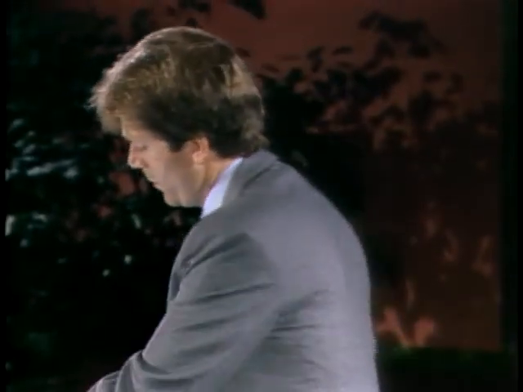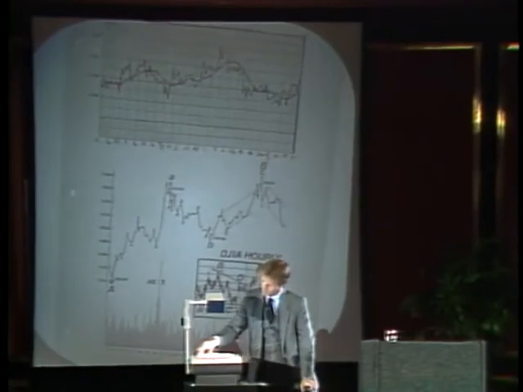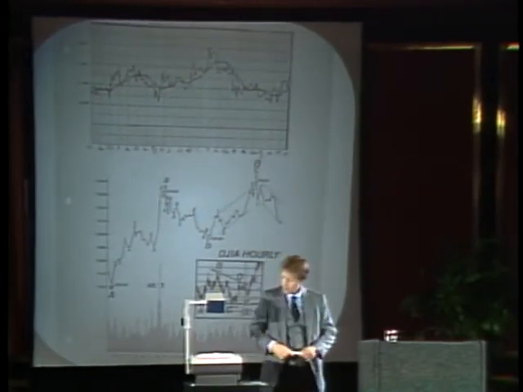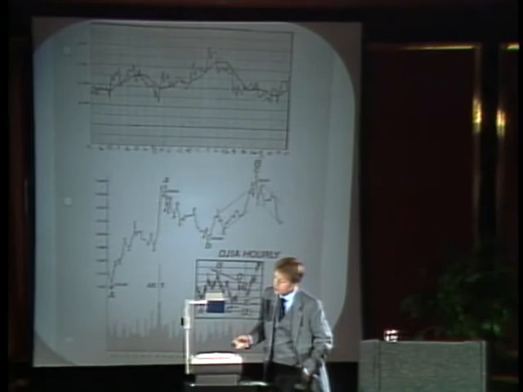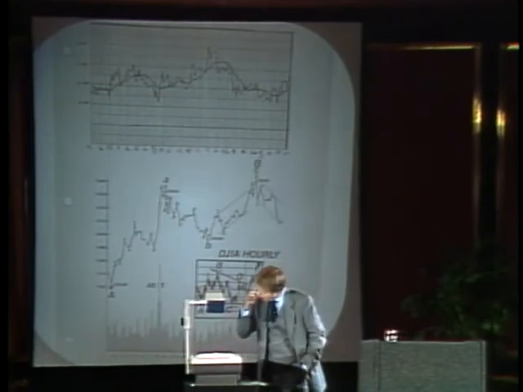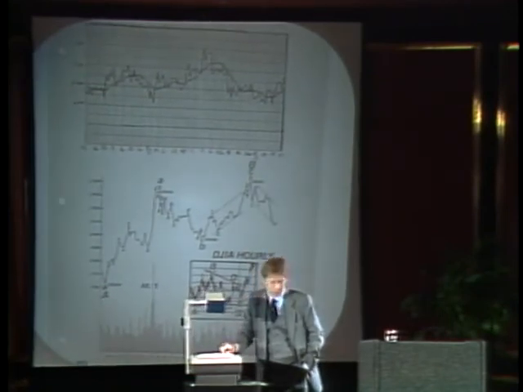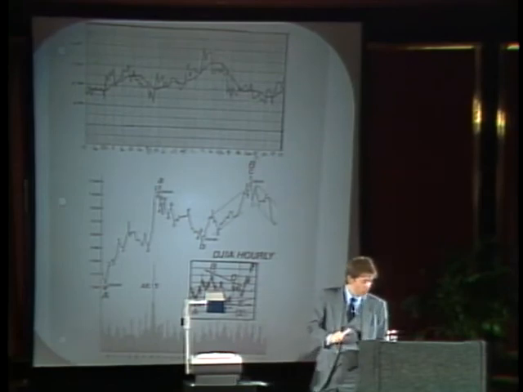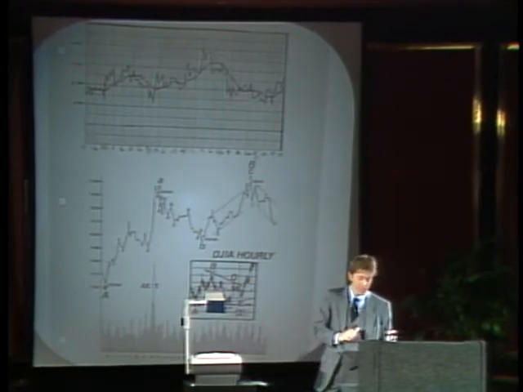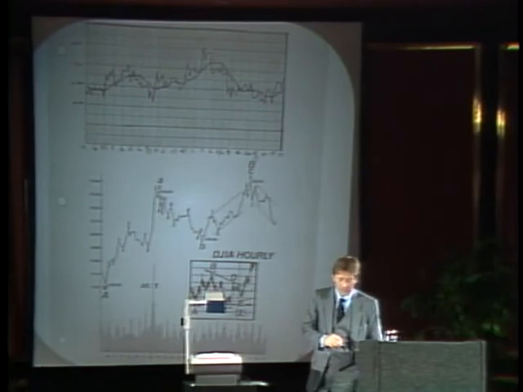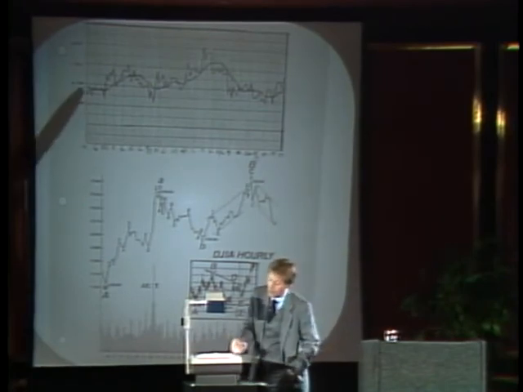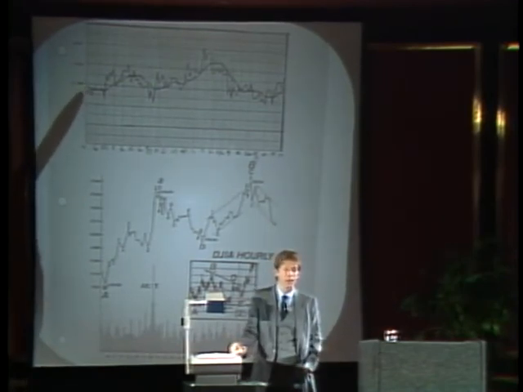Page 271. Chart of the Dow Jones Industrial Average hourly. And this action took place in 1984, actually roughly August of 1984. And this upper chart is a chart of the futures premiums that we talked about earlier.